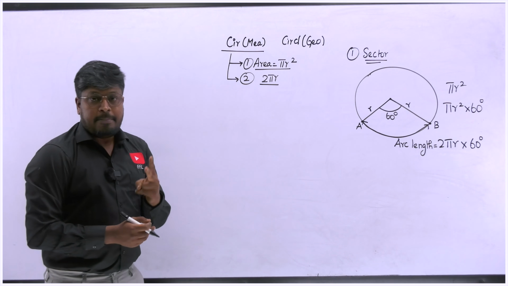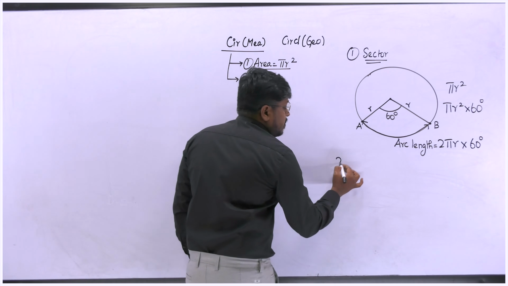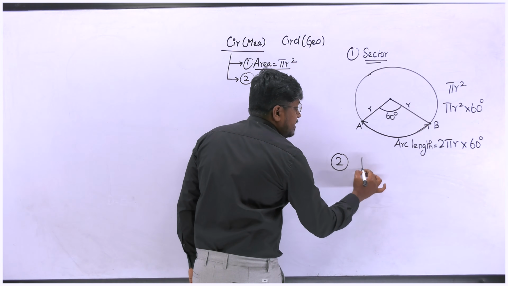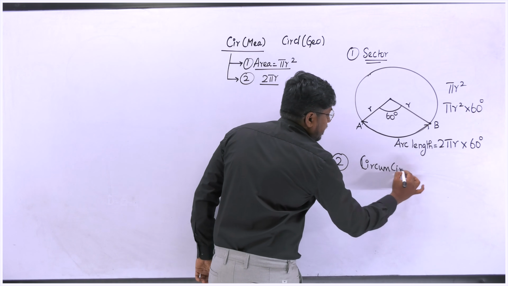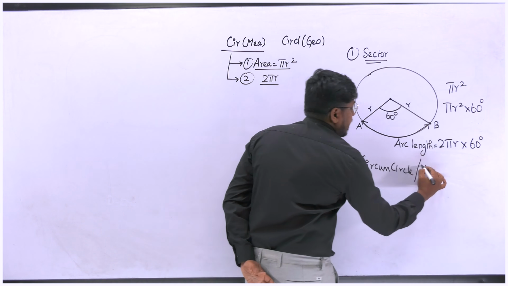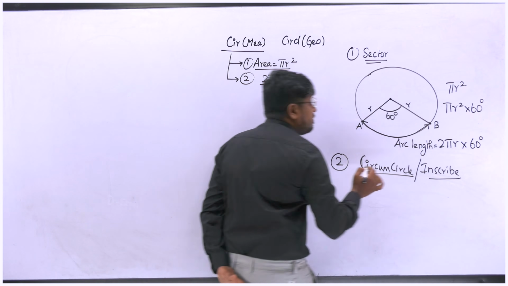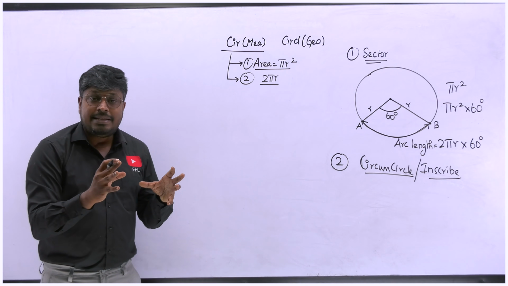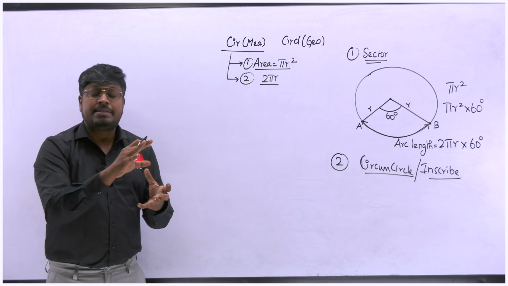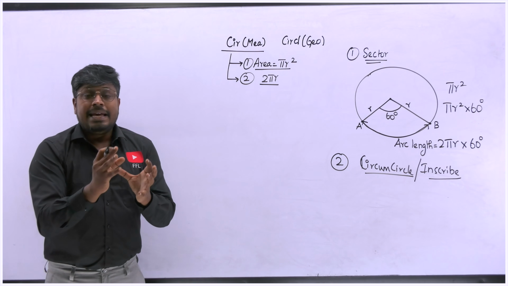And the second important thing is two important words you can see in the circle concept: inscribed or else circumscribed. You can see these while reading a question. So first we need to understand what is called inscribed.